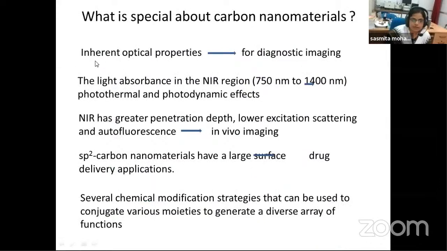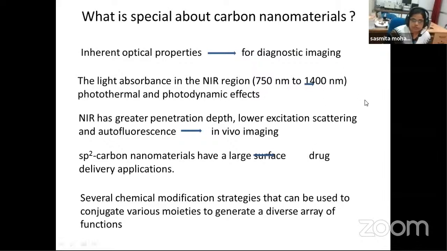Now, for theranostic application, the properties of carbon nanomaterials, such as inherent optical property, are very important for diagnostic imaging. Specifically, light absorbance in the NIR region, that is the higher wavelength region, 750 to 1400 nanometer, is good for photothermal and photodynamic effects. Then NIR has greater penetration depth, lower excitation scattering, and lower autofluorescence.